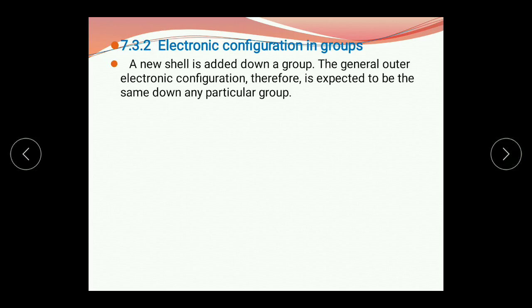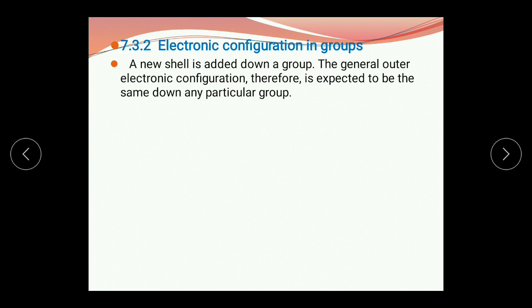Now, about the electronic configuration in groups. If we move down any group, a new shell is added. The general outer electronic configuration, therefore, is expected to be the same down any particular group.